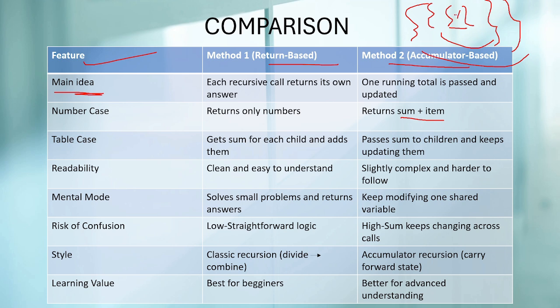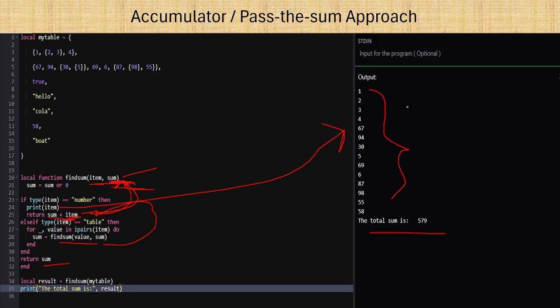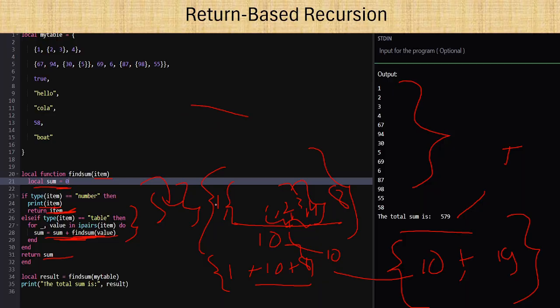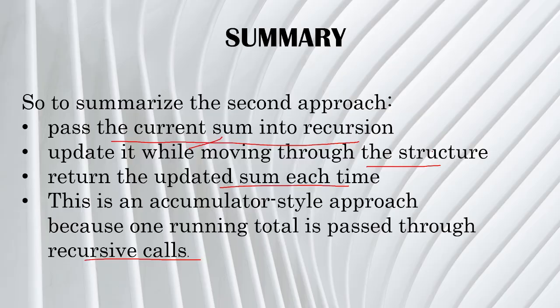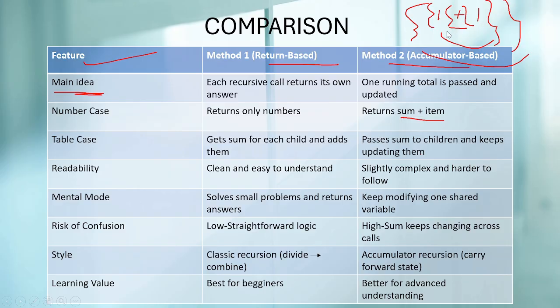So when the recursion was called, each child of this table was getting added, and this is how recursion works, right? Especially in our first case, every table was getting added here.